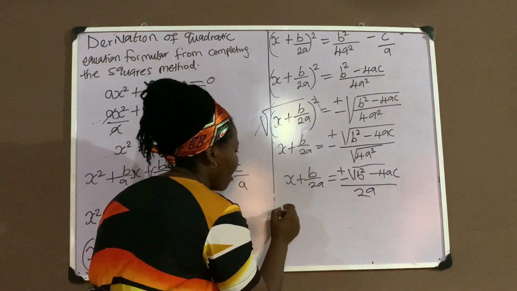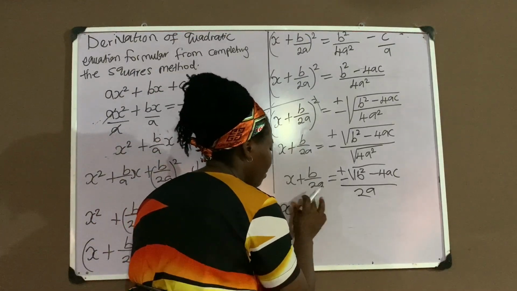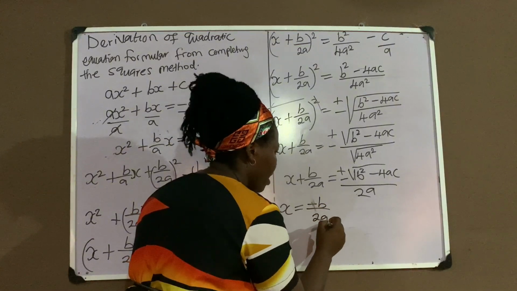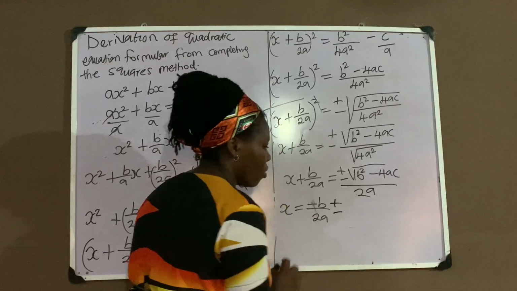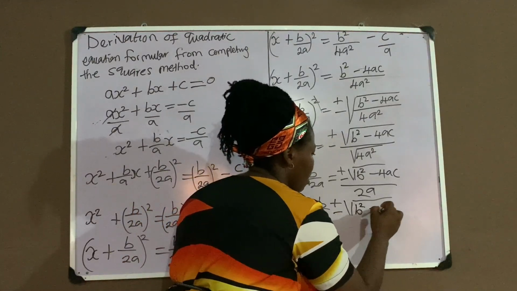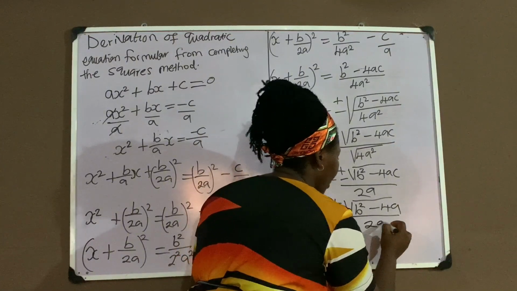Change. So we're having x is equal to minus b over 2a plus or minus square root of b squared minus 4ac all over 2a.